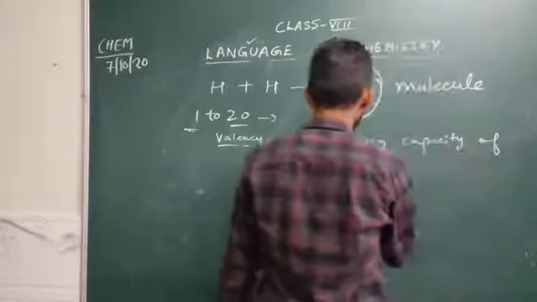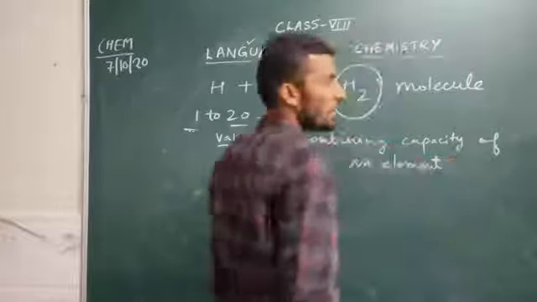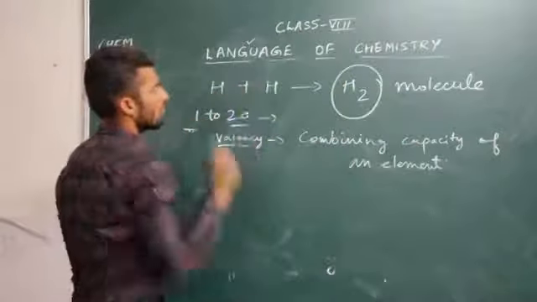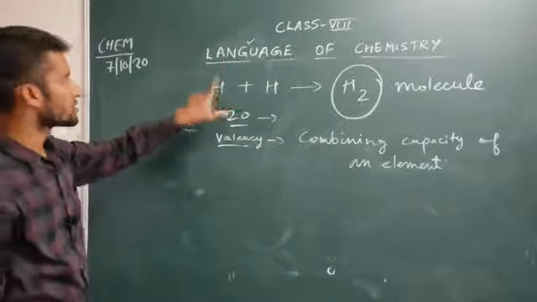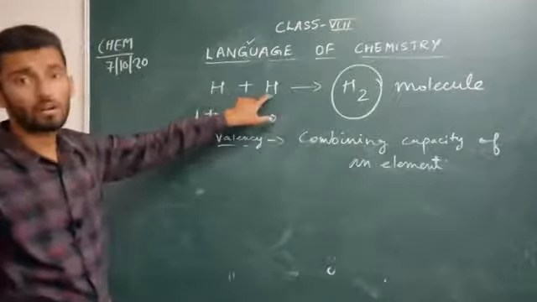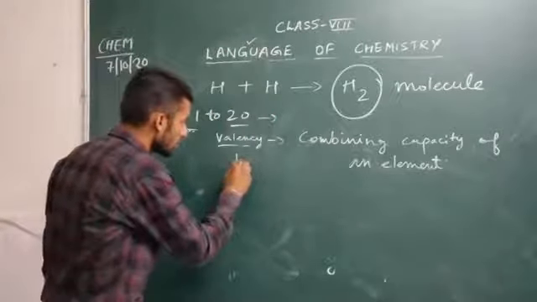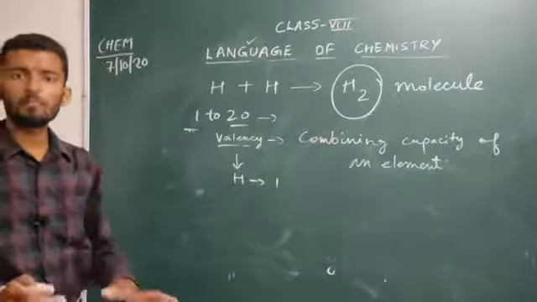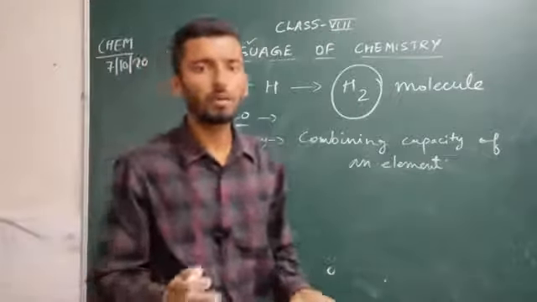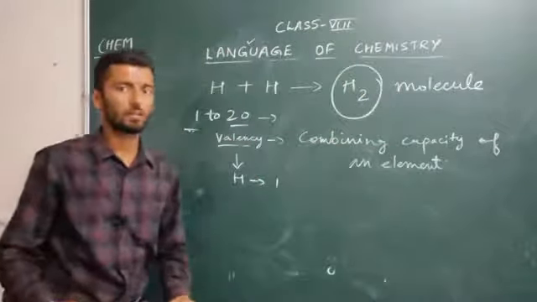Like one hydrogen is combining with how many hydrogen atoms here? Only one. So the valency of hydrogen is equal to 1. The number of atoms which combine with a particular element gives you the valency of that very element. Clear?